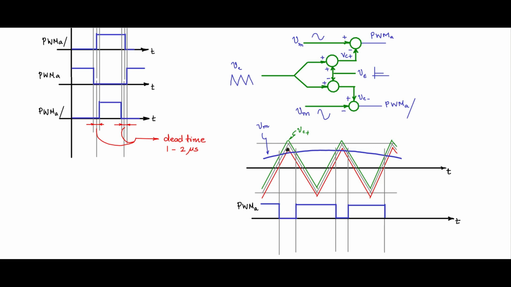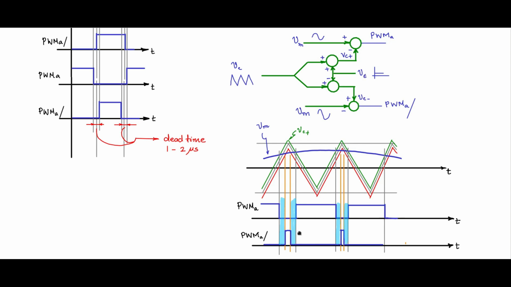Now let me draw the waveform for PWMA bar, and let me mark the critical points of intersection of VM with VC minus, the red triangles. Whenever VC minus is higher than VM, it is positive like this. So you see that you have a dead band, a fixed dead band as determined by V epsilon.